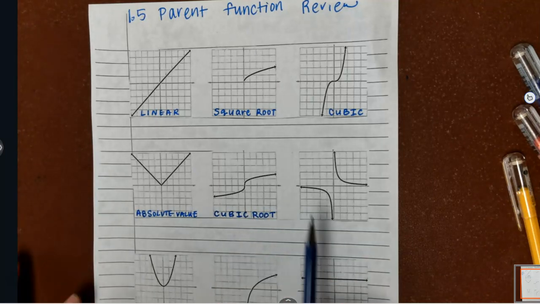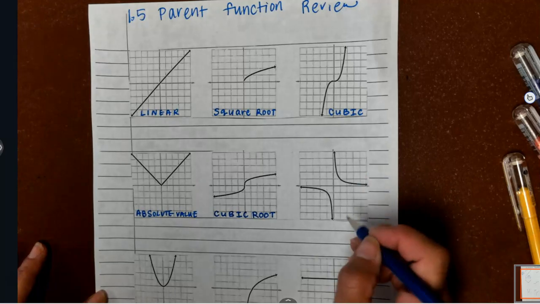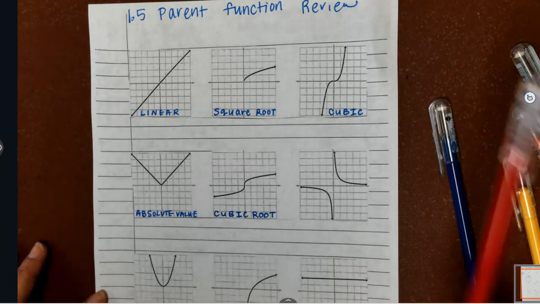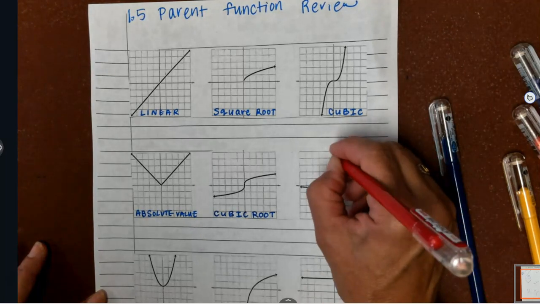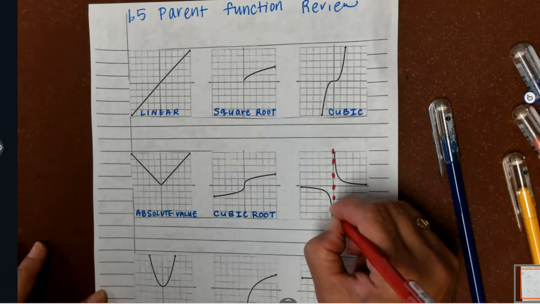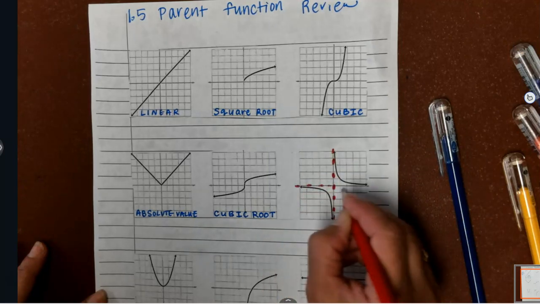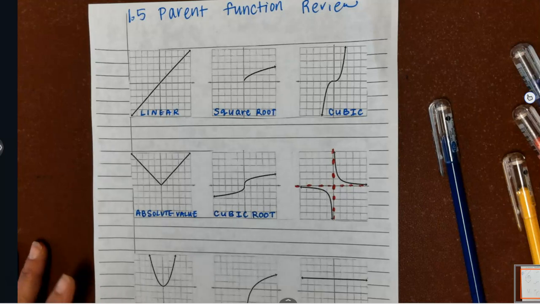And then, I cannot trace this continuously without lifting up my pencil. So that means if it's discontinuous, it has discontinuities. It looks like these have infinite discontinuities.